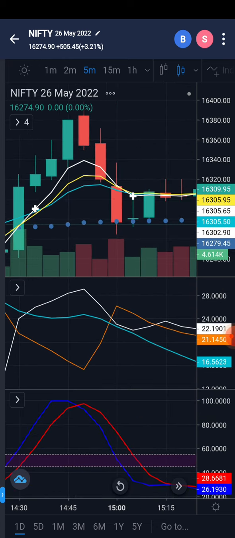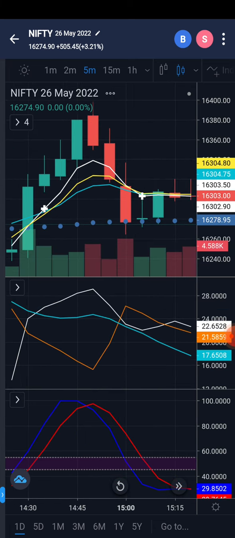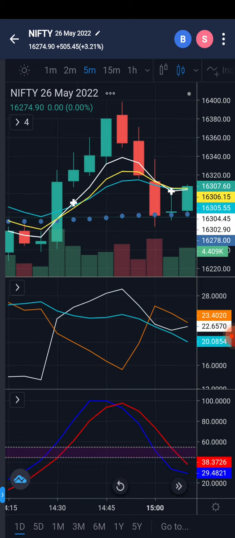So again, observe the pivot point where you will know the resistance and the support. Again, some market hours, like around 12 o'clock, 12:30, 1:30 when the European market opens, 2 o'clock and 2:30, the last 1 hour, and 2:30 at 3 o'clock, be cautious at this time.